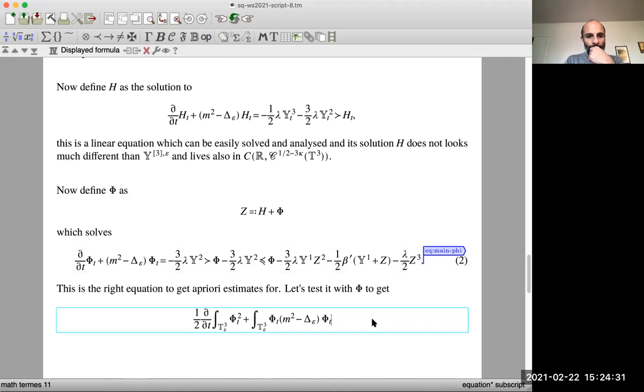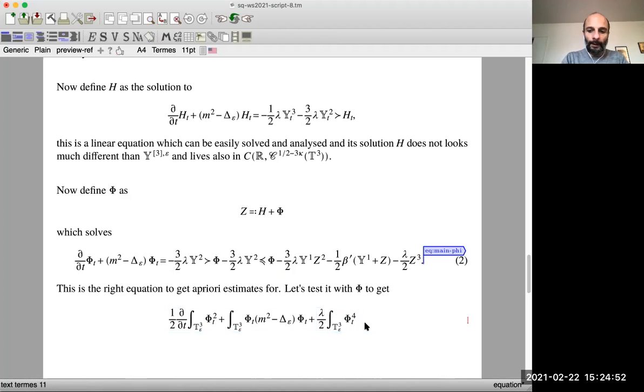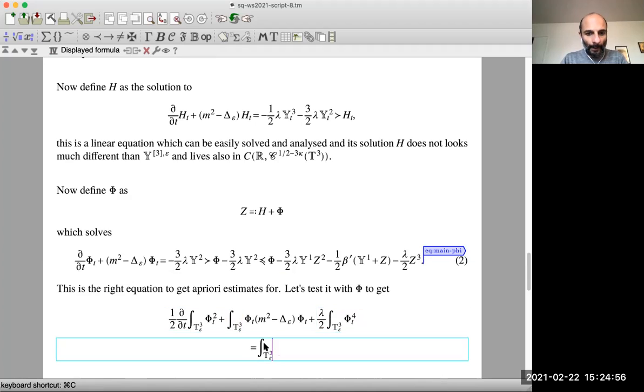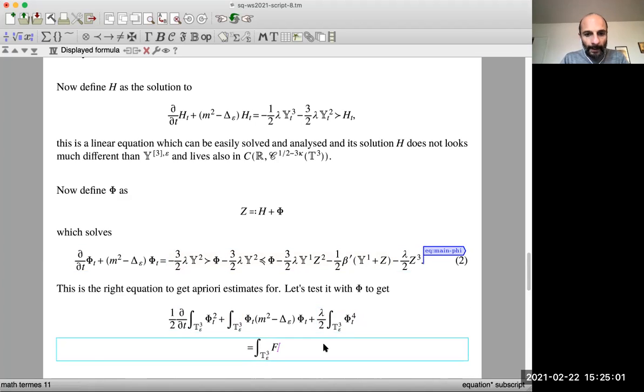This is a bit annoying written like this, but you should imagine that, so what is z? Well, z is h plus phi, and then you can write many things, but in particular one of them is just phi to the power 4, so I want it here. So this is like lambda over 2 with positive sign. And then you have a lot of things on the right-hand side. On the right-hand side, you have the integral, and you have all these terms tested with phi, so you will have something like this.